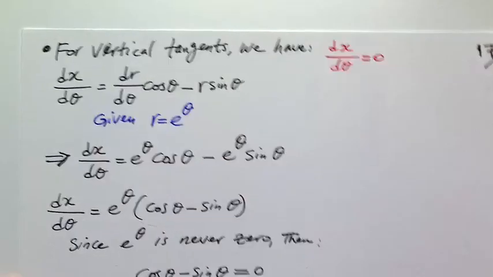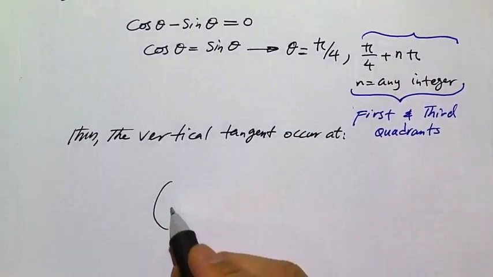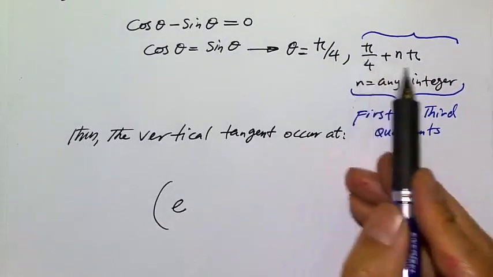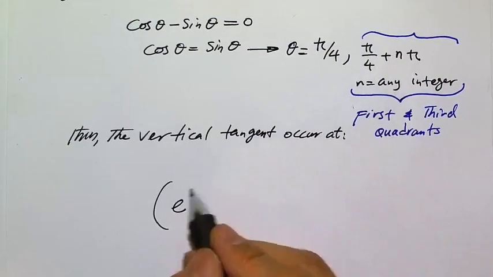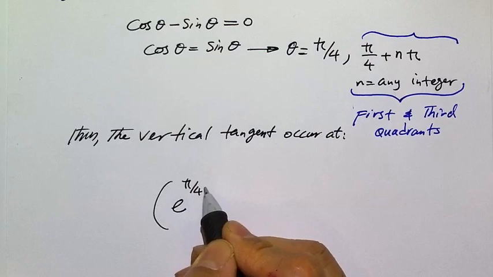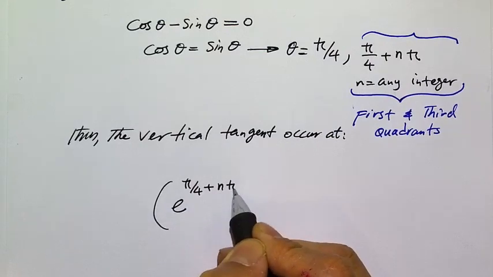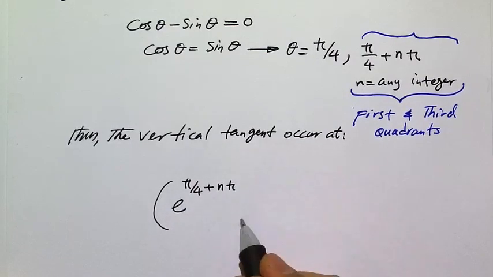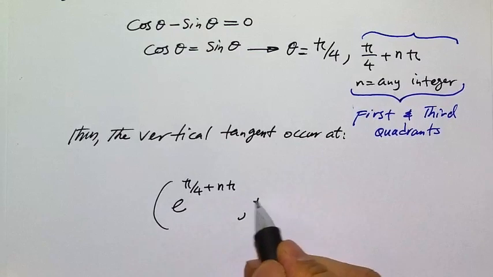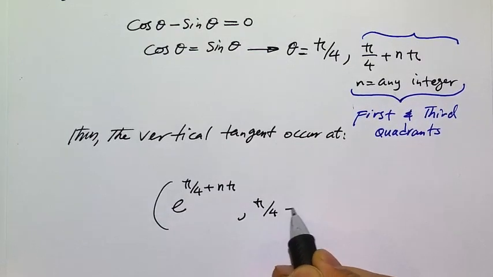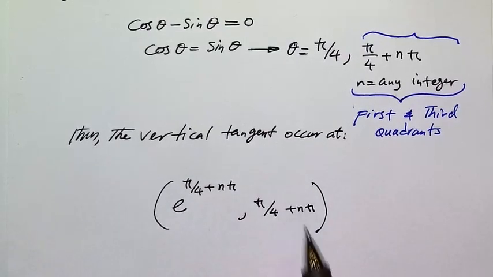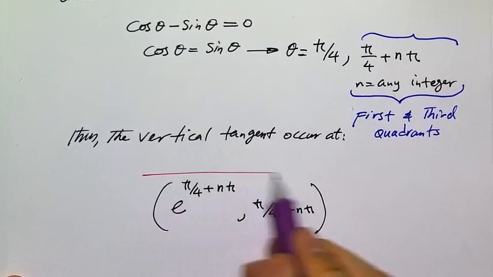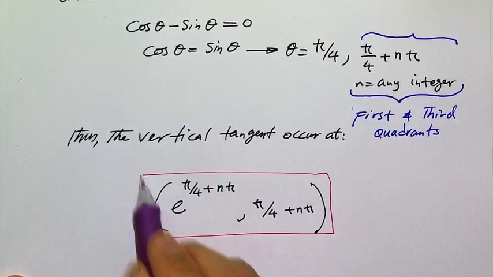R is that. So e to that generalized angle for where the vertical tangents are: pi over 4 plus n pi. And then, comma, that angle, pi over 4 plus n pi, as r comma theta, like that.